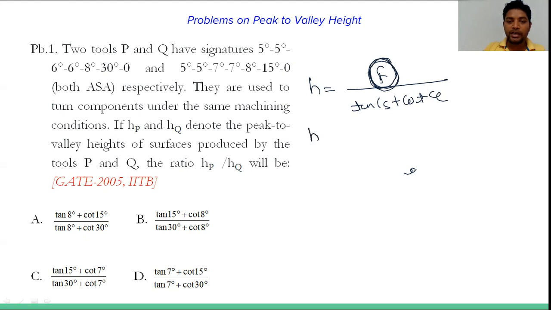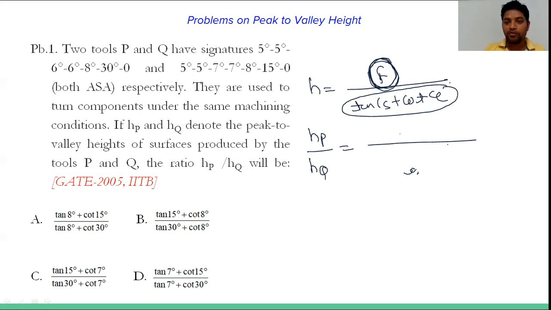When you find the relationship HP by HQ, F will be here, and the terminology for P will be in the denominator. When you take HQ, F will be here and this terminology for Q will be on the top, in the numerator, and P on the denominator.